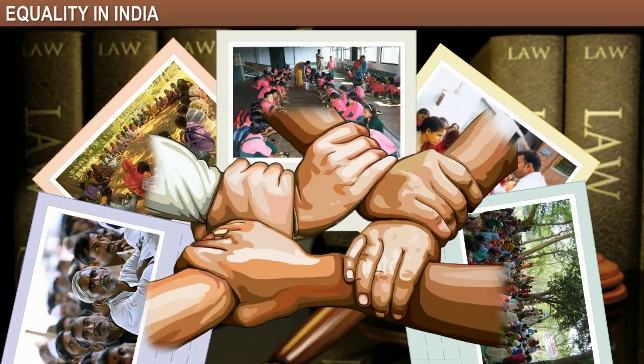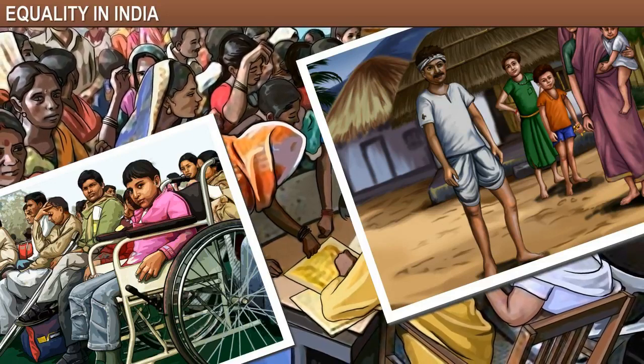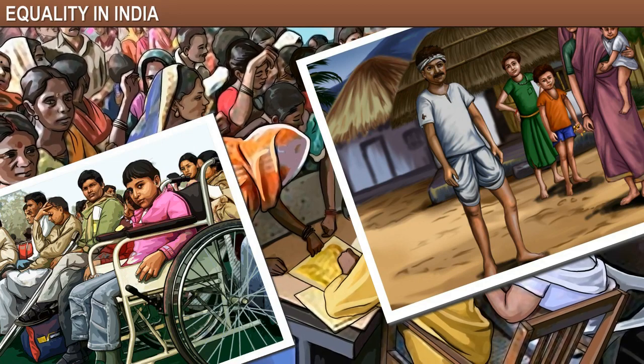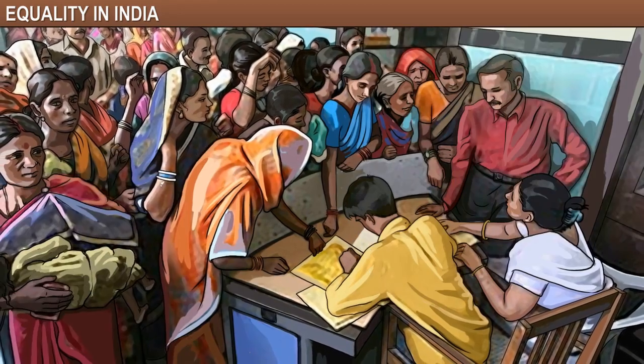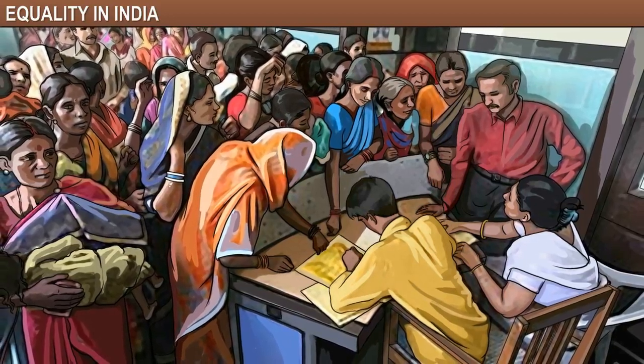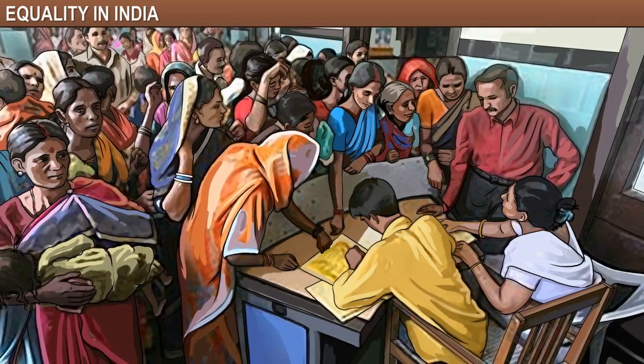Equality can be achieved only when we change our attitude and treat every individual with respect and dignity. However, in our everyday life, we come across many incidents that make us wonder if equality actually exists in our country. For example, government hospitals in India are mostly visited by the poor, and even when critically ill, they have no choice but to stand in long queues.